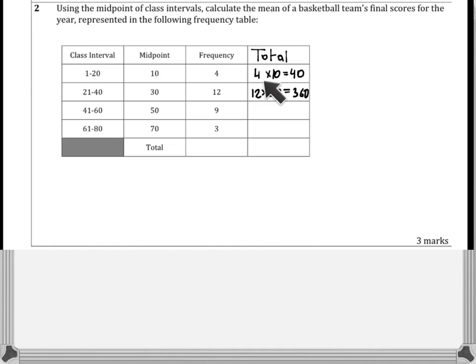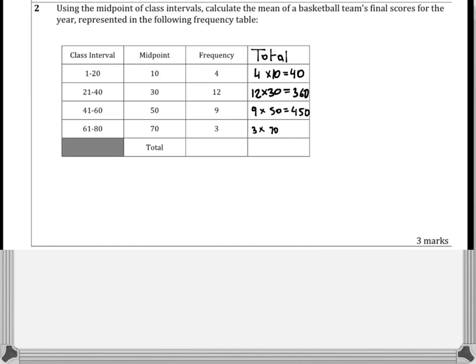So what we're doing here is obtaining a total by taking the frequency number, the amount of data values, of 10. Okay, and the midpoint is the number we're going to use to represent the group from 1 to 20. Alright, so we've got 4 lots of 10, and the next total for the group 21 to 40, we've got 12 lots of 30, and so on.